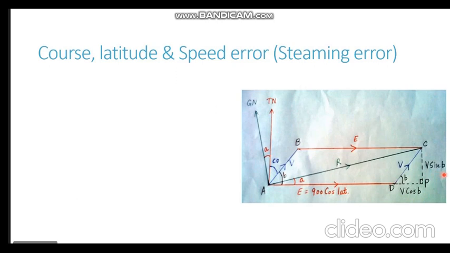Now once we have understood this, we take our attention to triangle Papa Alpha Charlie. Pay your attention to this bigger right angle triangle, Papa Alpha Charlie triangle. Now in this triangle, pay your attention to this small angle A, angle Papa Alpha Charlie.